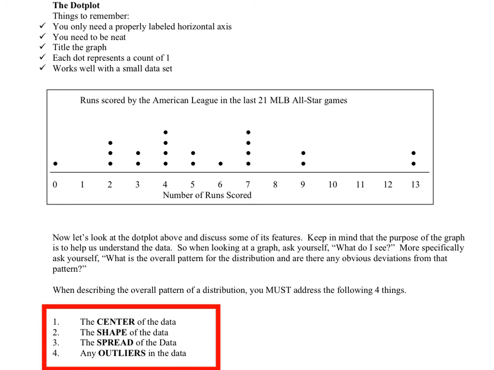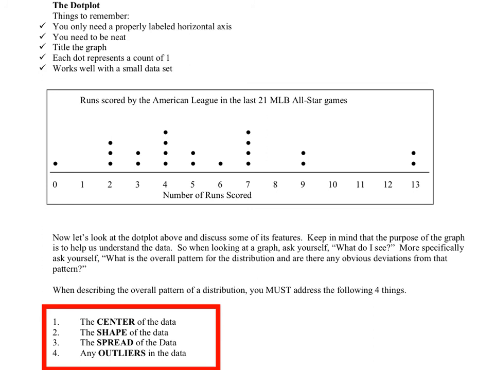So let's do that. Stat, edit. I'm only going to put the relevant x values in: 0, 2 through 7, 9 and 13.